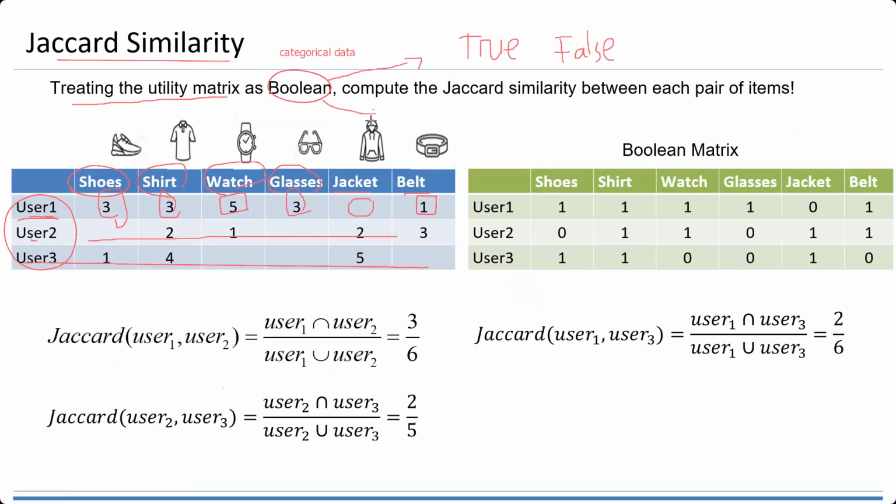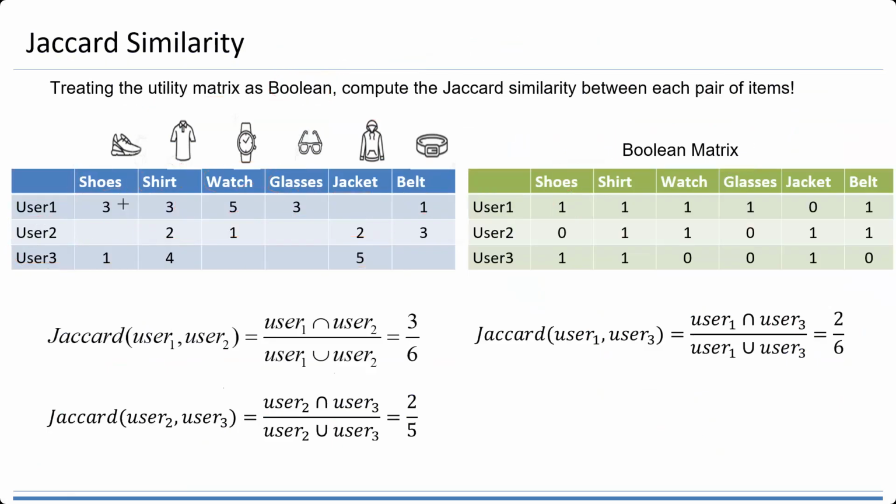In categorical data, we usually say this is kind of binary. So that's why we have what we call the Boolean matrix. In a Boolean matrix, we just set this as zero and one. So if the person has chosen, okay, we can say one. So if the item is higher than zero, it is one.